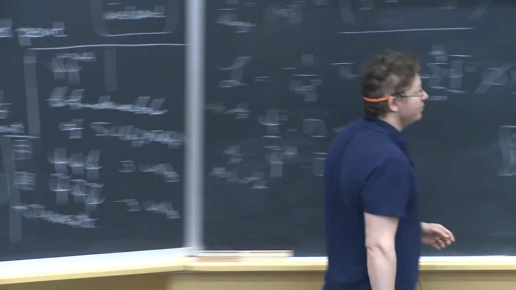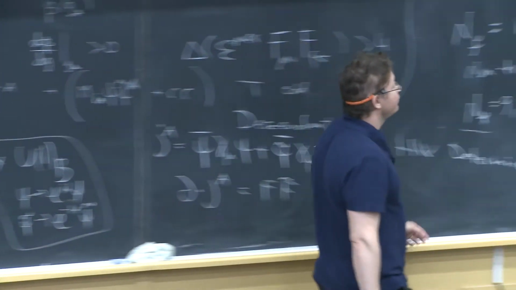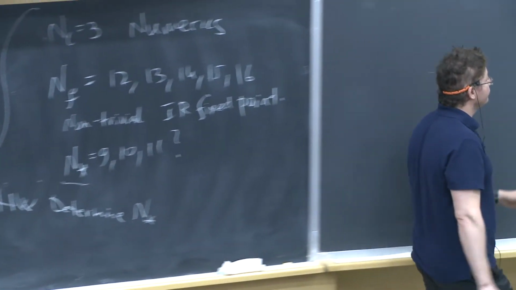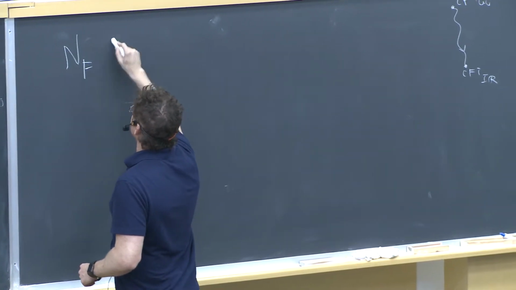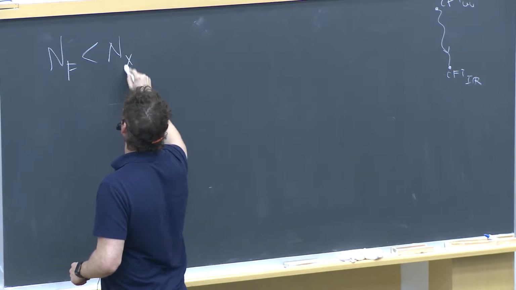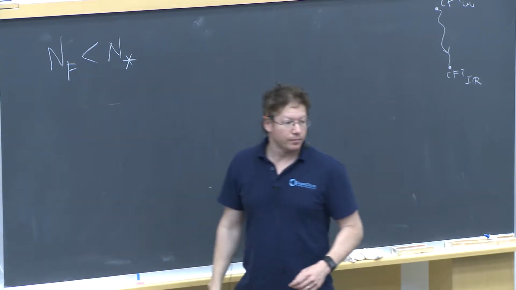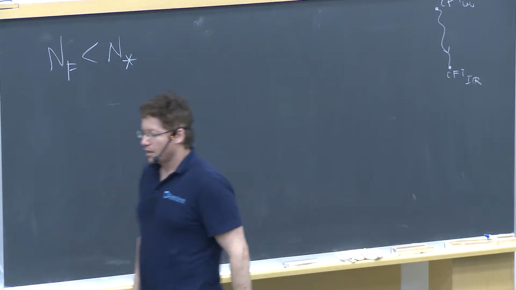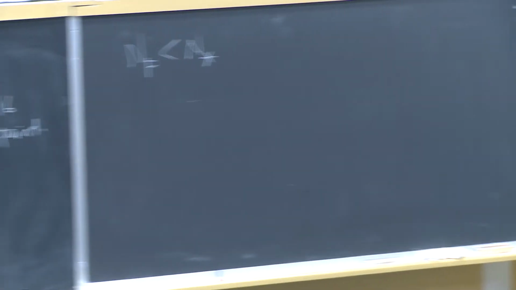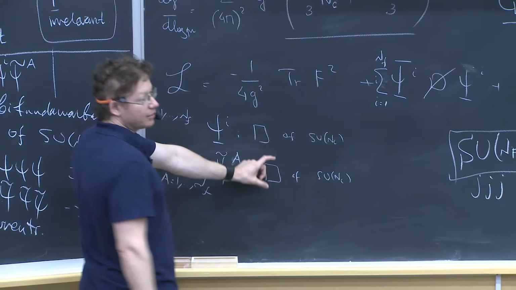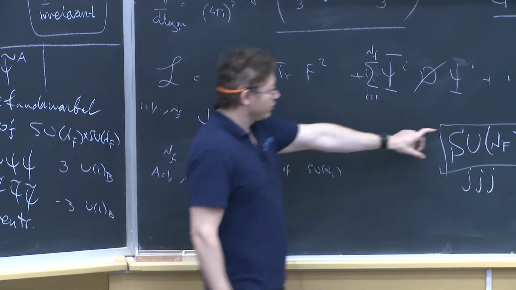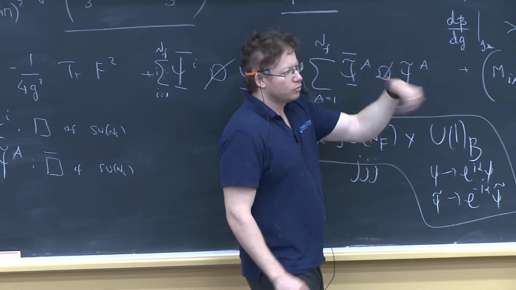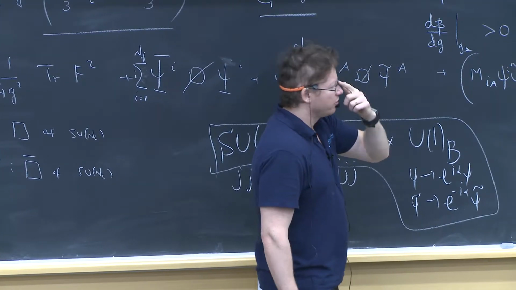Okay, so let's discuss what happens for N smaller than N star. I don't have much time left, but I do want to say a few words about it. Is this also being studied for NC equals 2? Is that also a window? Yeah, NC equals 2 is interesting, but it's a little different, because the fundamental and anti-fundamental representations are the same. So the symmetry group is not SU(NF) times SU(NF), it's actually SU(2NF), because you can rotate all the quarks.